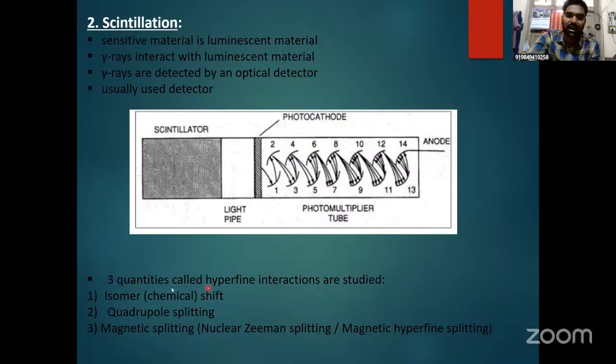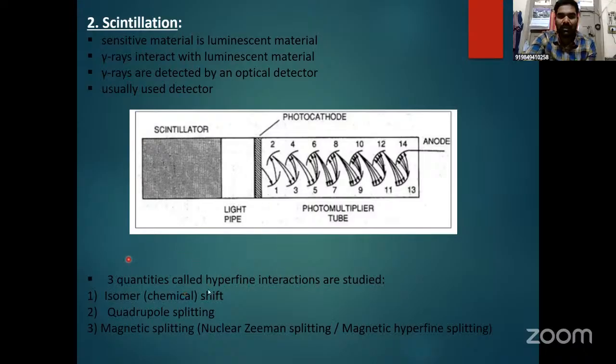The second one is quadrupole shift. The third one is magnetic splitting, or we can say nuclear Zeeman splitting or magnetic hyperfine splitting.